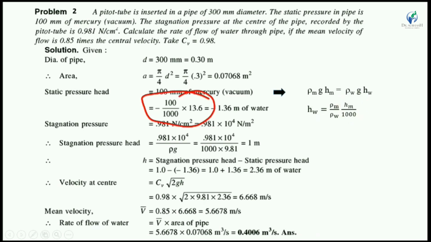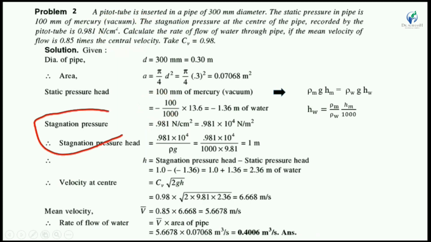Now put in the values: density of mercury is 13.6 and density of water is 1, and Hm, the height of the column of mercury, is 100 mm, so divide by 1000 to convert to meters. Here the sign is negative for the static pressure head because it's a vacuum, a pressure lower than atmospheric pressure, so it's defined by the negative sign.